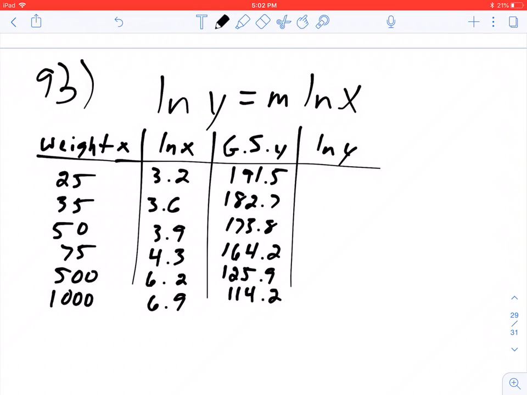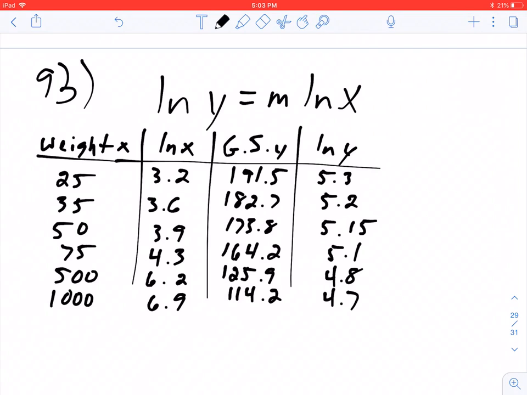The natural log of y is going to be 5.3, then 5.2, 5.2 as well, then 5.1, and then 4.8, and then 4.7.